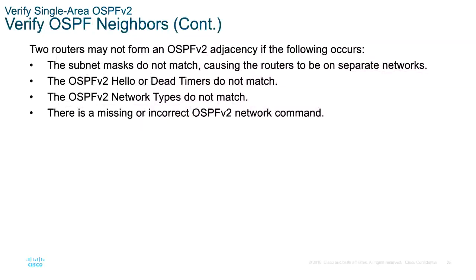So if you've decided to use the network command under the OSPF routing, you may have made a mistake in the wildcard mask. That will affect whether the interface is participating or not. So just go through and check your commands depending on which one you use, the network command under the routing process or the interfaces joining the process.